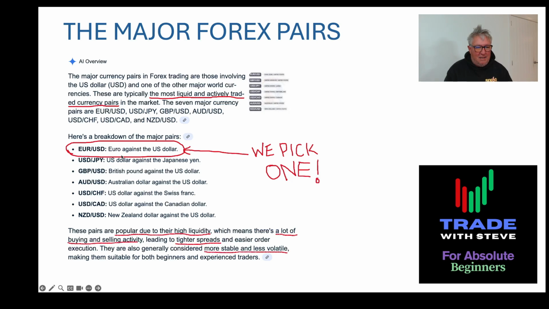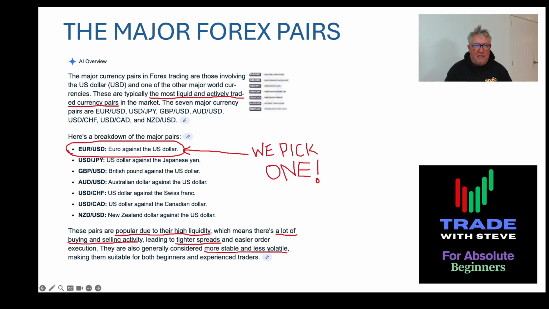Okay? So these pairs are popular due to their high liquidity. It means that they move a lot. So there's a lot of buying and selling activity, leading to tighter spreads, and I'll explain what a spread is shortly. They're also generally considered more stable and less volatile, and this is very important.